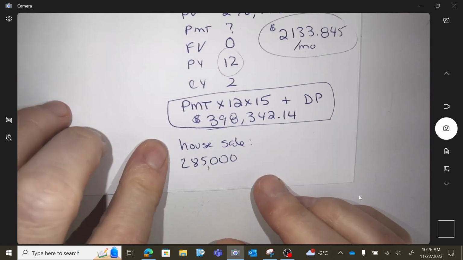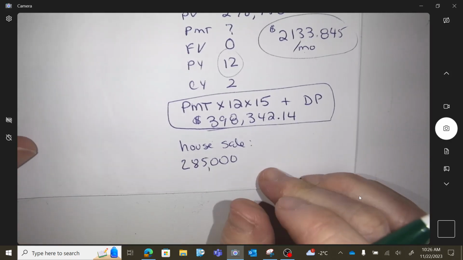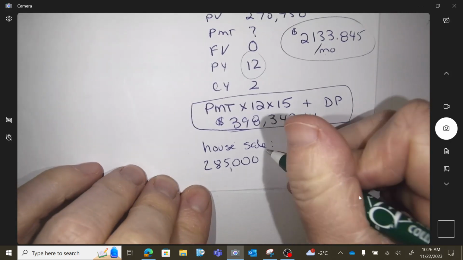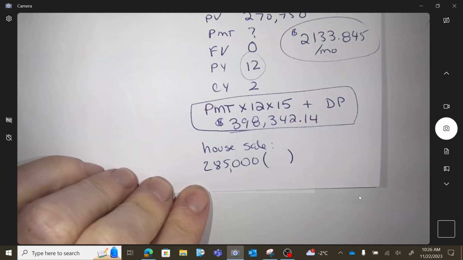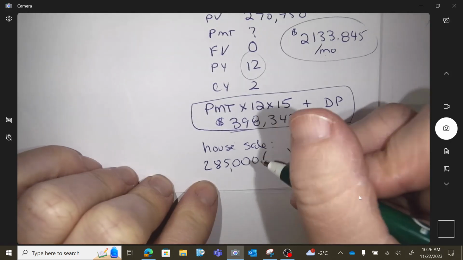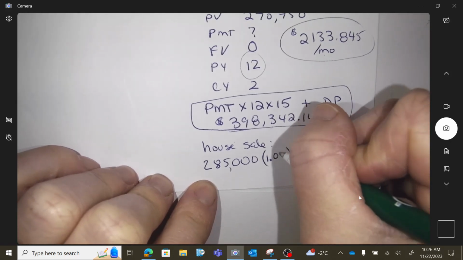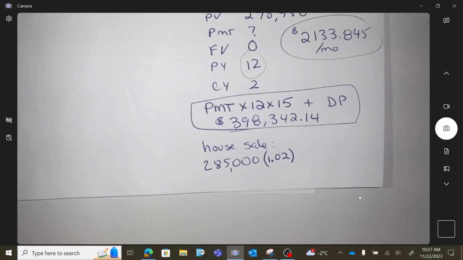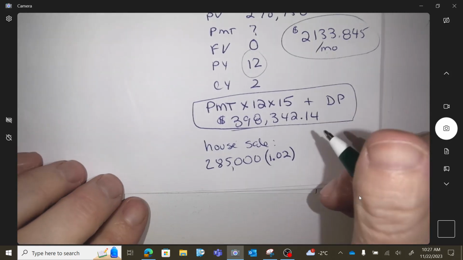Okay, so I'm going to sell my house, and it appreciates 2% every year. So what's my multiplier if it's appreciating? 1.02. Remember, you always start at the 100. So if you appreciate, you go over the 100. Depreciation is down from the 100.